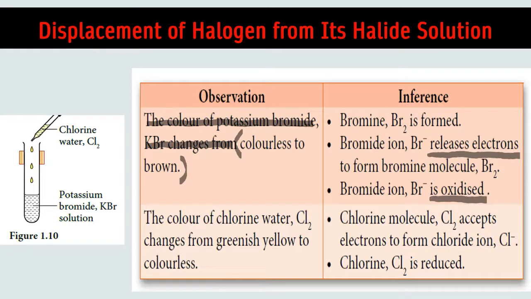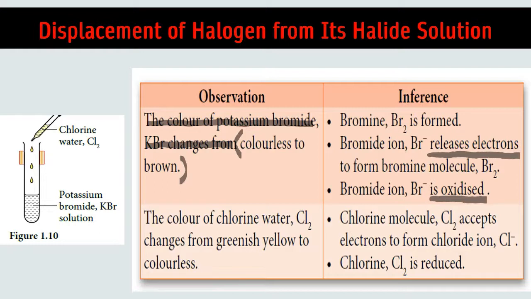The second observation is the color of chlorine water changes from greenish yellow to colorless. Practically, we cannot see the change of color in chlorine water, because bear in mind that the chlorine water added into the solution is too small an amount, only a few drops.